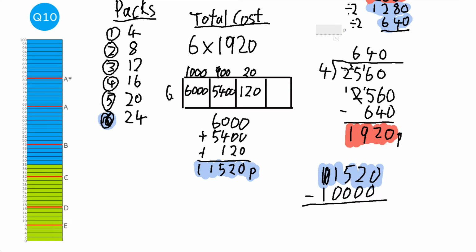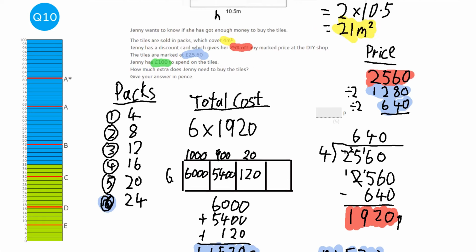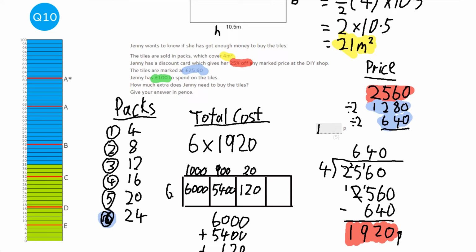So 0 take away 0 is 0, take away 2, this is going to be nice and easy. So £15.20. It wants it in pence, so it's going to be 1520.